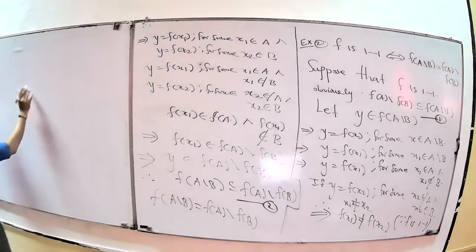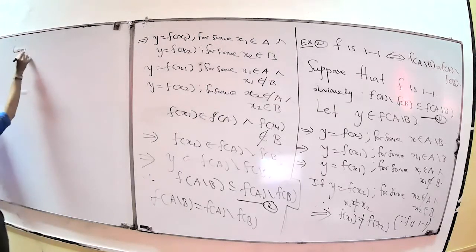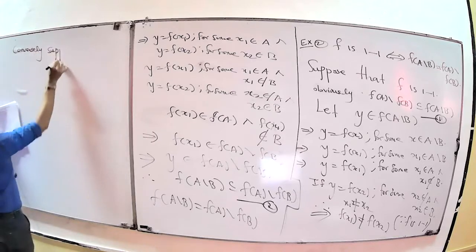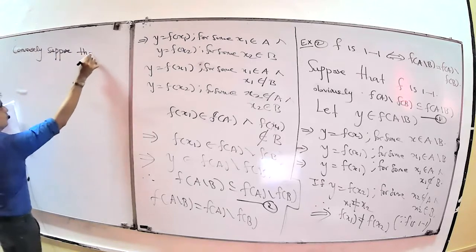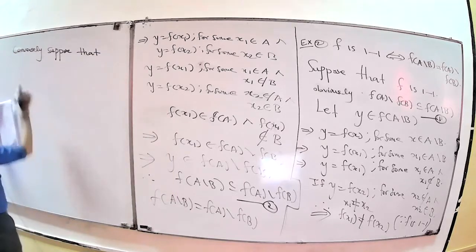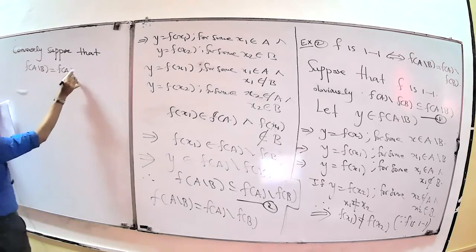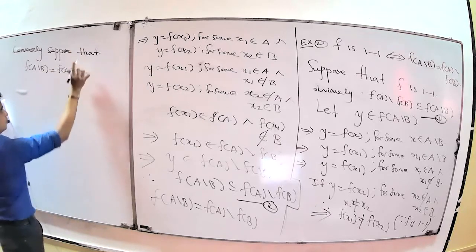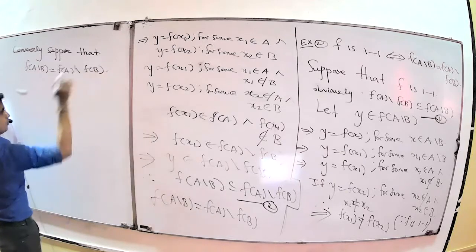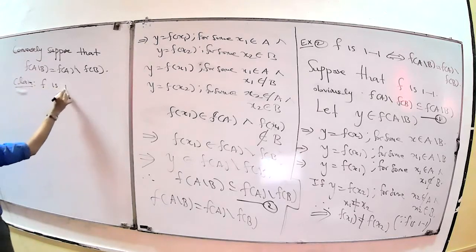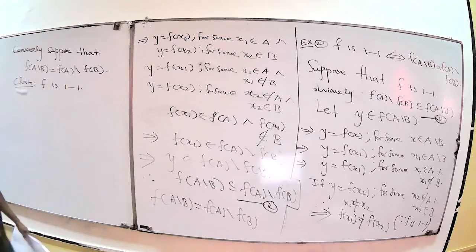Conversely, suppose that f of A minus B equal f of A minus f of B. You want to show that f is 1 to 1. Your claim is f is 1 to 1.